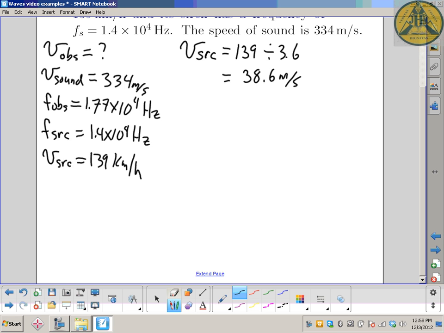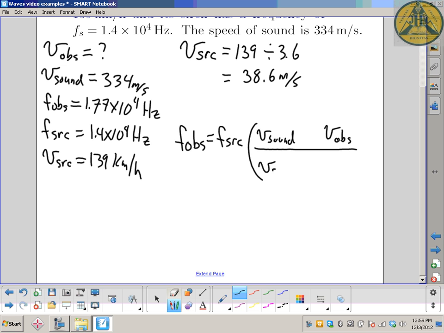Now we need to decide what equation we are using. It's the same setup. Observed frequency is the frequency of the source times the speed of sound, and then I'm going to leave that blank, velocity of observer over speed of sound, and then we have the velocity of the source. I need to know whether we add the numerator values together or whether we subtract them.